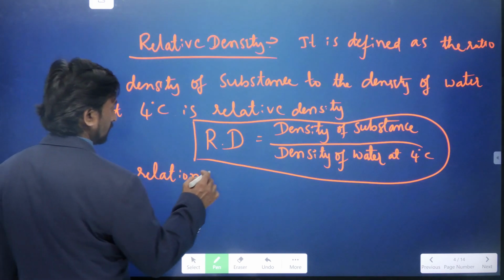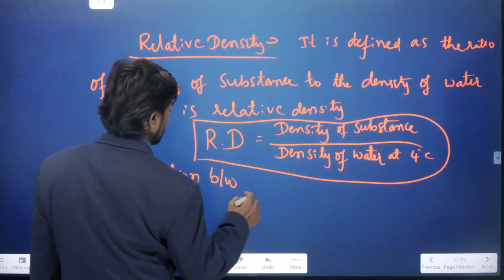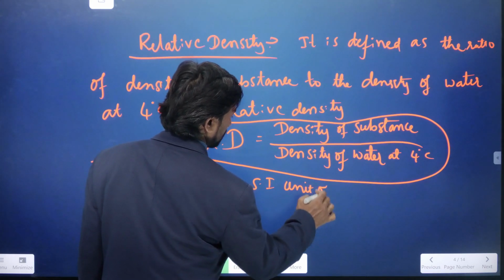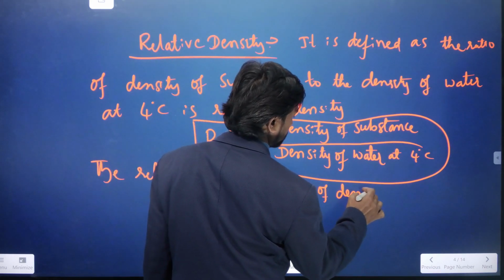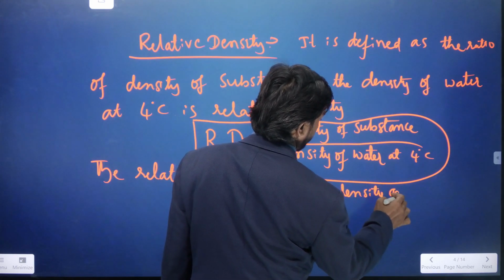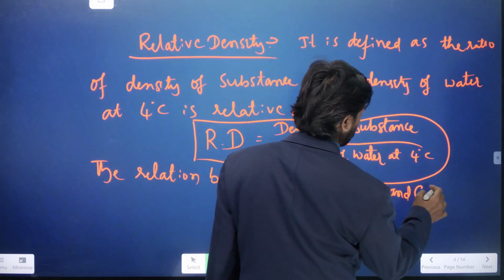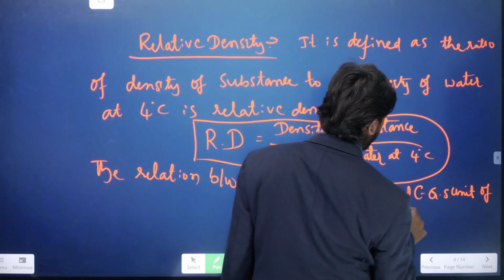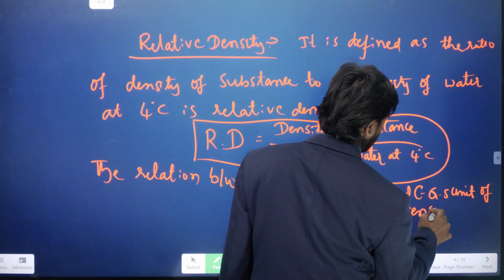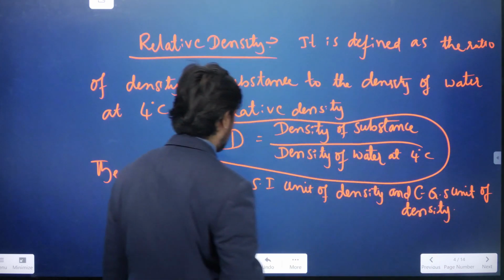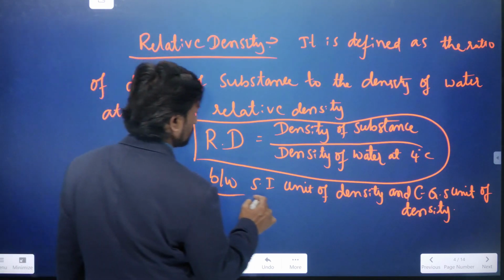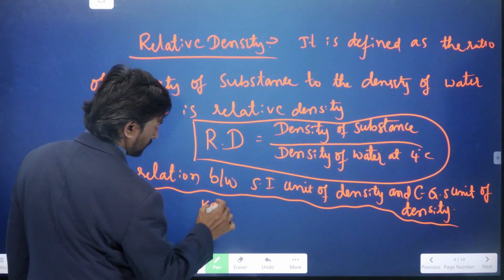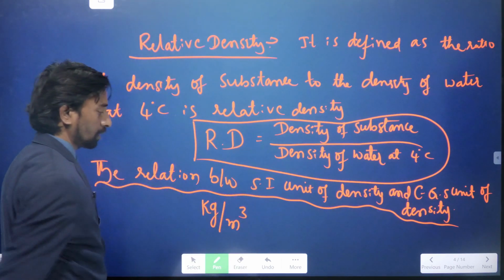Now the relation between the SI unit of density and the CGS unit of density. The SI unit of density is kg per meter cube.